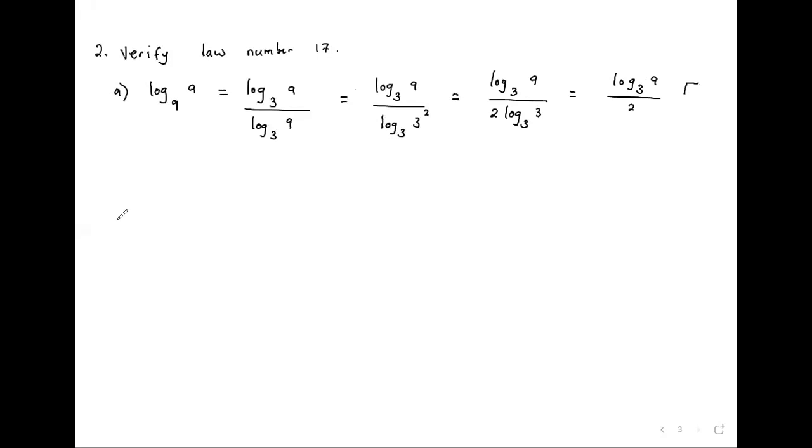So we'll have log 3A over log 3 of 9. But 9 is the same as 3 squared. So we'll write it as log 3A over 2 log 3, so that we get 3A over 2 as required.